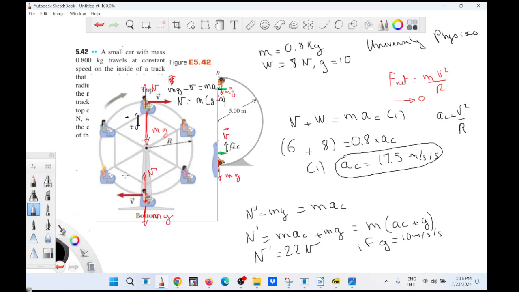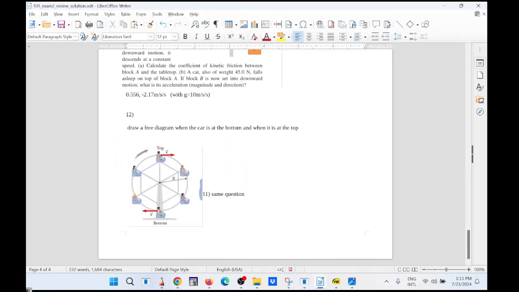Okay, so up is plus, down is minus. So now we have normal force minus mg equals mass times acceleration. So now you're going to feel heavier, right? You're going to feel heavier in your stomach. Okay, but the answer for that question was this. Okay, I think we are done.